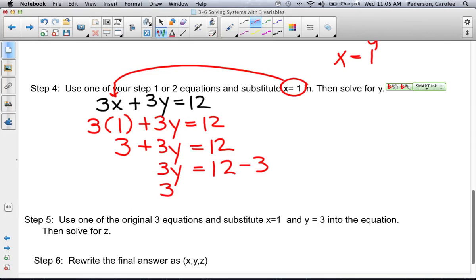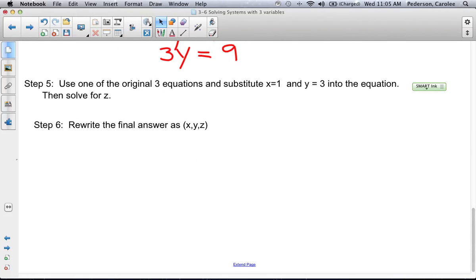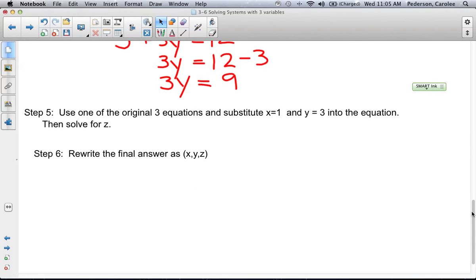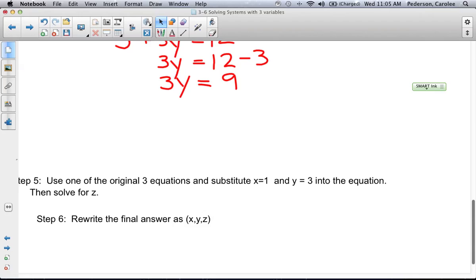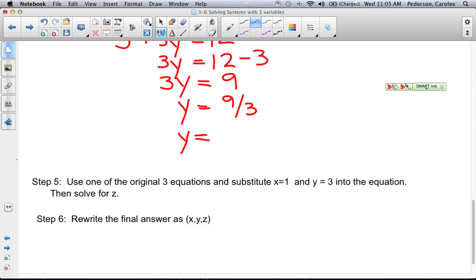So we get 12 minus 3 is 9. And then last is to divide both sides by 3. So we get y equals 9 divided by 3, which is 3. We now have 2 out of our 3 variables identified.